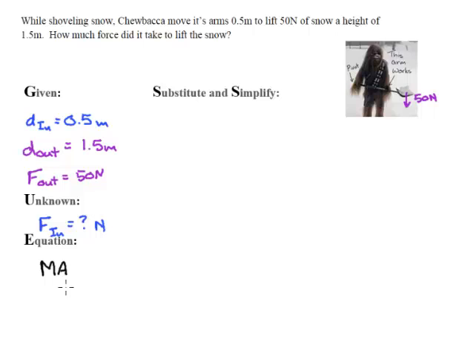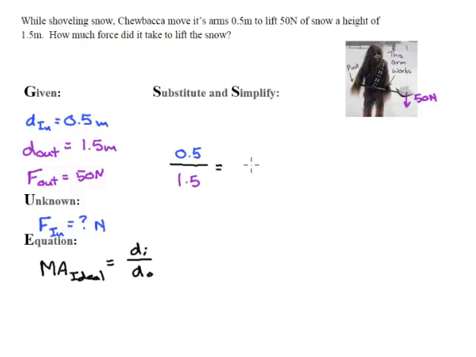Now, since I have two displacements, I'm going to go ideal, and that equals displacement in divided by displacement out. And so my displacement in is 0.5 divided by my displacement out, which was 1.5.